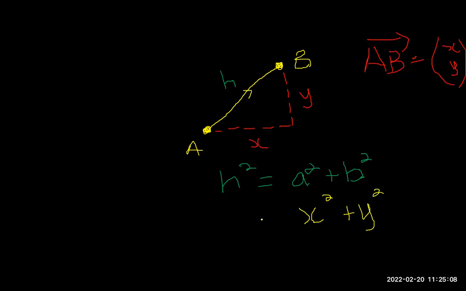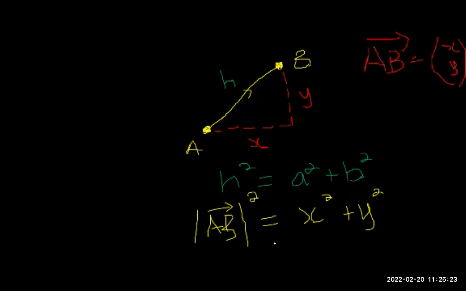Therefore, the magnitude of this vector, what I'm trying to find, squared, so let me put a squared thing here, is going to be equal to x squared plus y squared. So whatever my x value is squared plus whatever my y value is squared. This right now is the magnitude squared.